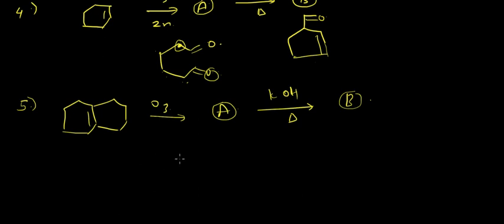In O3, we get something like this, double bond O here and double bond O here. Next, when reacting with KOH, it doesn't matter which, as the compound is symmetrical. Let's attack this as a nucleophile on this carbonyl. As a result, we get a 1, 2, 3, 4, 5-member ring.